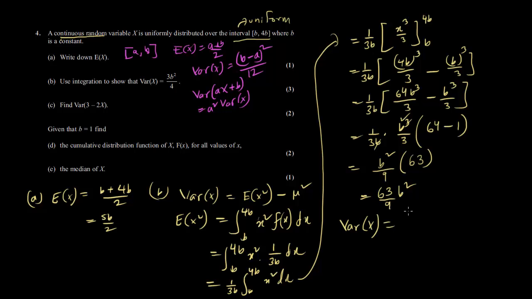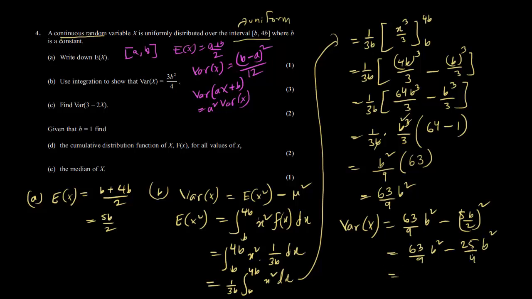Now comes the variance. The variance would be E of x squared, which is 63 by 9 b squared, minus mean squared, which is 5b by 2, so 5b by 2 whole squared. So this would be 63 by 9 b squared minus 25 by 4 b squared.